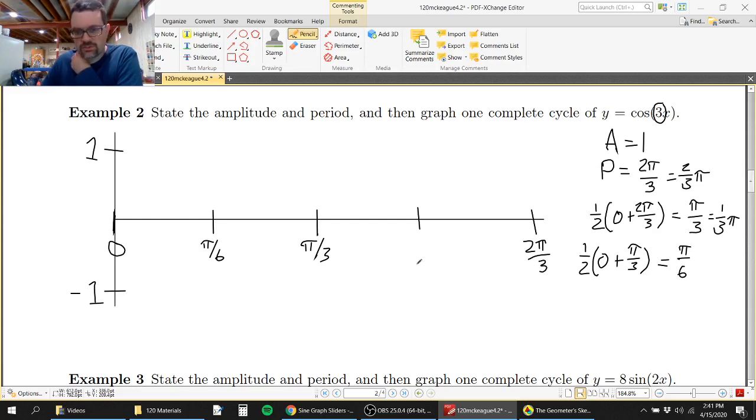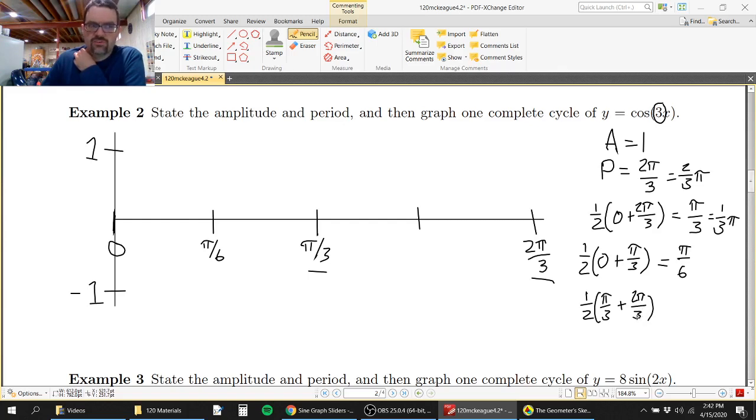And so the last issue is what goes here. Well, it's halfway in between pi over 3 and 2 pi over 3. All right, so we're going to do 1/2, and we're going to add pi over 3 to 2 pi over 3. If you sort of ignore the pi's, we're adding 1/3 of pi to 2/3 of pi.